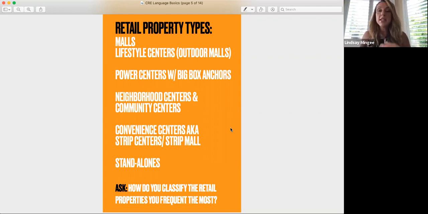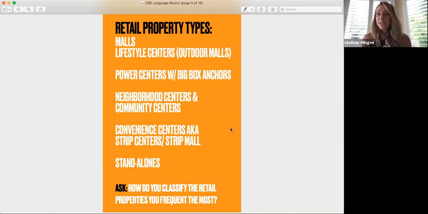Your AT&T and Sprint stores, your Hallmark cards, these are power centers. So when we talk about here in Riverside, a project like Riverside Plaza, where we have Trader Joe's and Vaughn's and the movie theater, those are big box anchors. That's an example of a power center, okay?